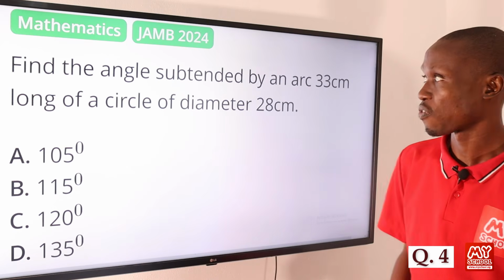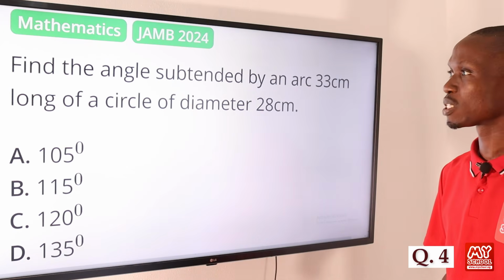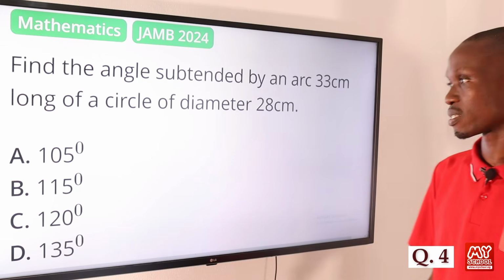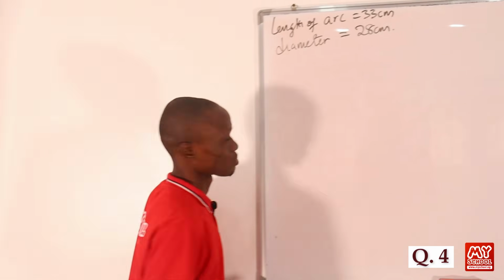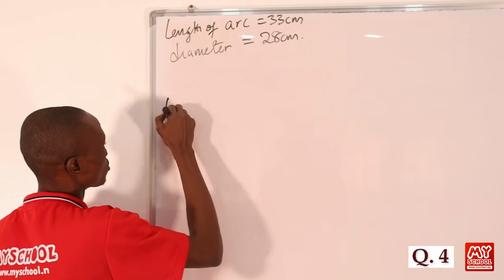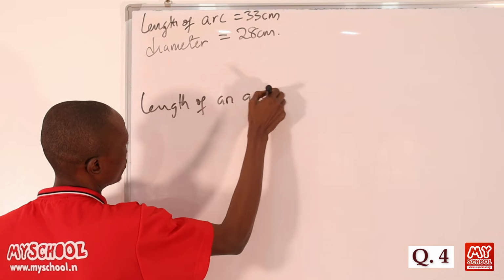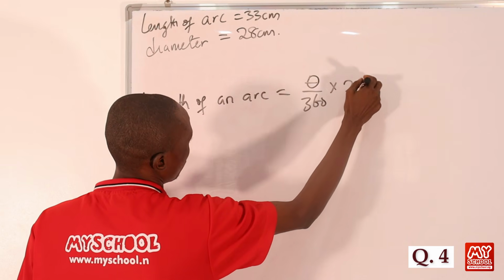Question 4. Find the angle subtended by an arc 33 centimeter long of a circle of diameter 28 centimeter. So let's move over to the board to find the angle subtended. Okay, so we know that length of an arc is equals to theta all over 360 times 2 pi r.